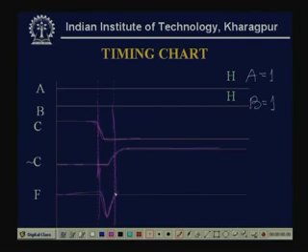So, if we consider the timing chart, this is the reason why we are getting an undefined output or not the correct output at this stage when C is switched.